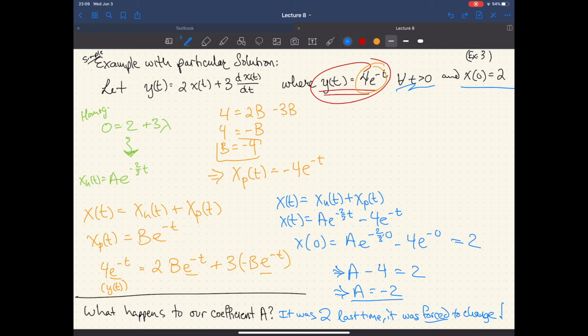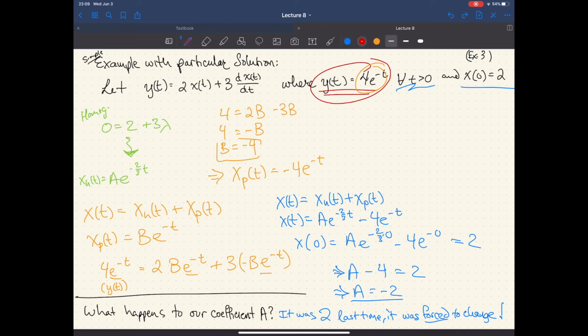So our forcing function actually dictated, even with the same initial conditions, what happened to our homogeneous solution. That's pretty cool. Just by changing this guy, we were able to change our general solution. You can see where this is probably going.